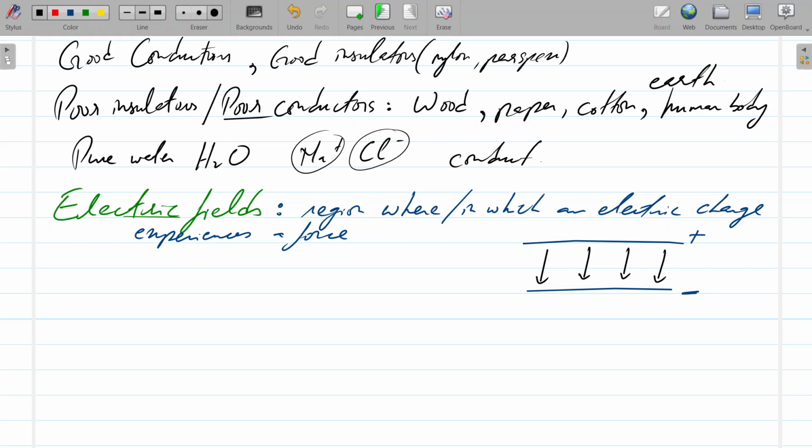So if you have, for example, a positive charge coming in and going through here, it will be deflected because it will be repelled by the positive side and attracted by the negative. But if you have a negative charge coming in, it will go the other way. So within the electric field, a charge will experience that push or pull.